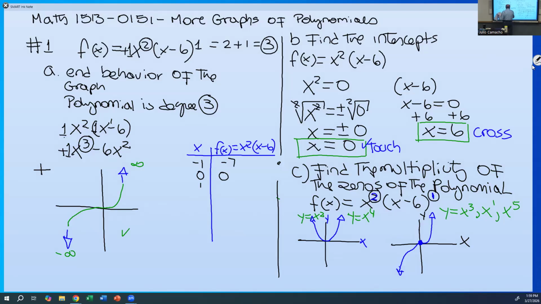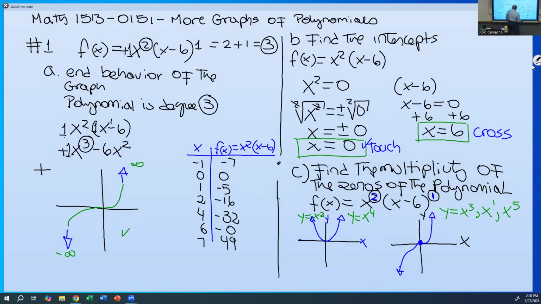If you input a 1 for x, the output for y will be -5. If you input a 2, you get as an output for y -16. Oh, you have a negative already, a -16. If you input a 4 for x, you get a -32. And if you input a 6 for x, you get a 0. And if you input a 7, you get a 49.